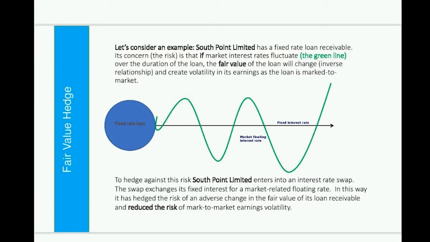So if you have a fixed rate loan and market interest rates go up, generally speaking, you'd expect the fair value of the loan to go down because its interest rate has not changed relative to market conditions, so it's a less attractive instrument compared to instruments that are now paying at the enhanced market rate on a relative basis.